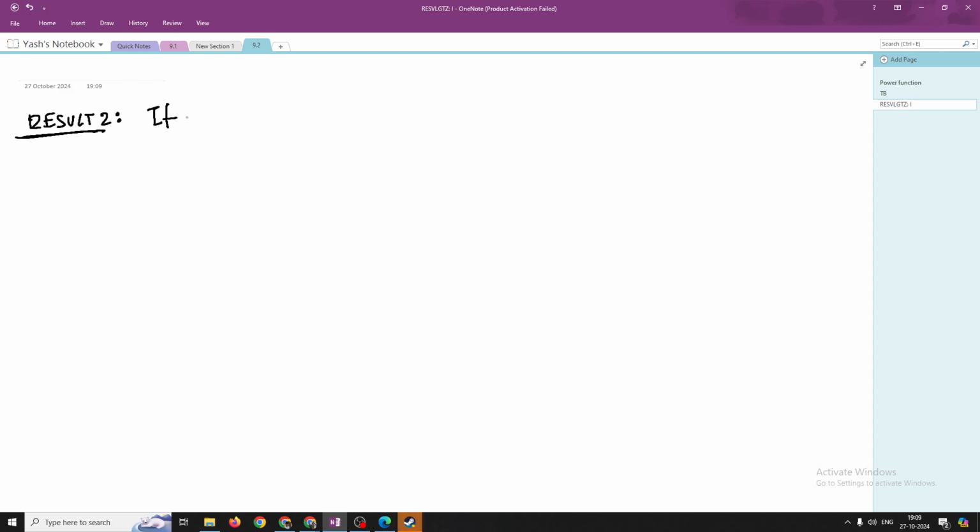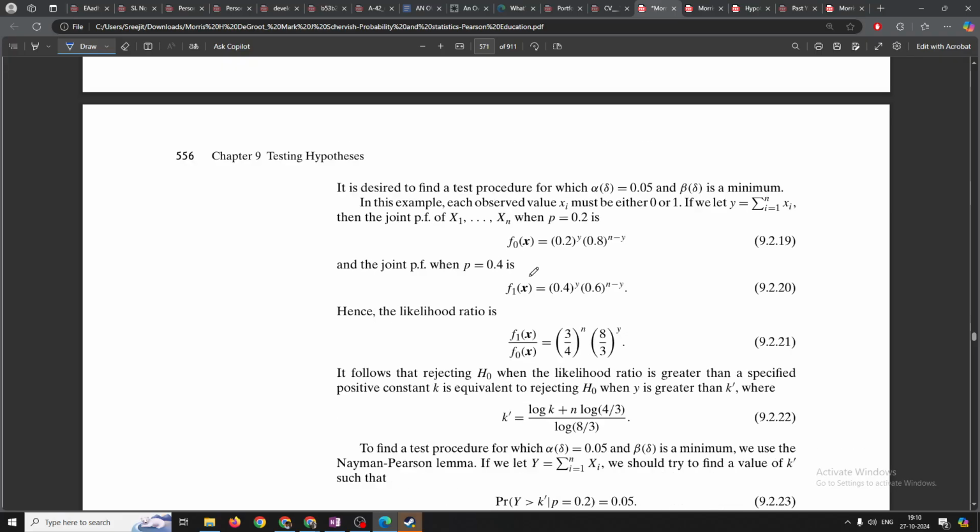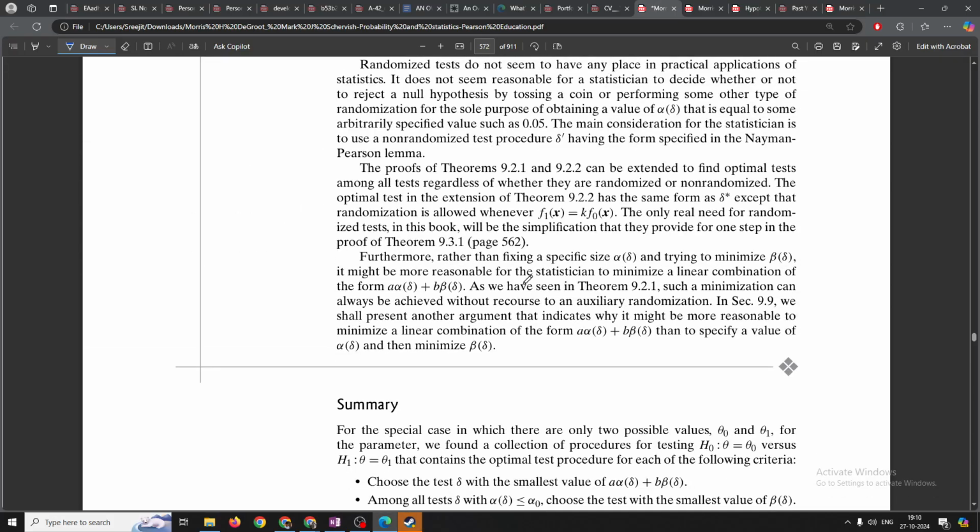If we reject h naught when f1 of x by f naught of x is greater than some 1 by k, then our... okay, I forgot the Neyman-Pearson lemma. Sorry. Ha ha ha.